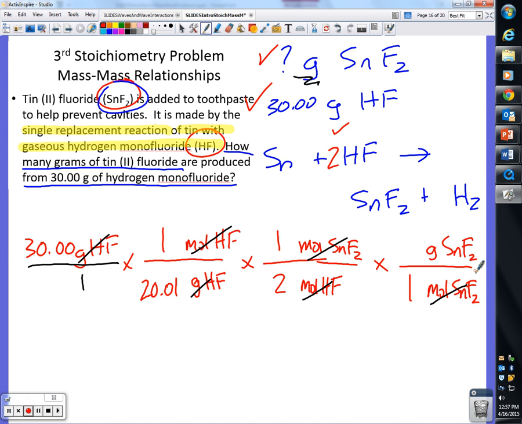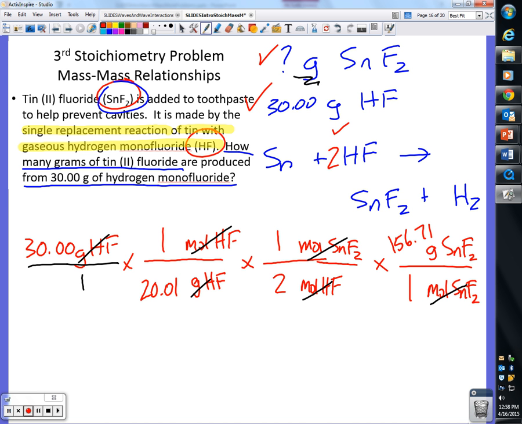In this compound, there are 2 fluorines but only 1 tin, so we have to add together the mass of 3 atoms in this case: 1 fluorine, 2 fluorines, 1 tin, and it's 156.71. All right, good there.